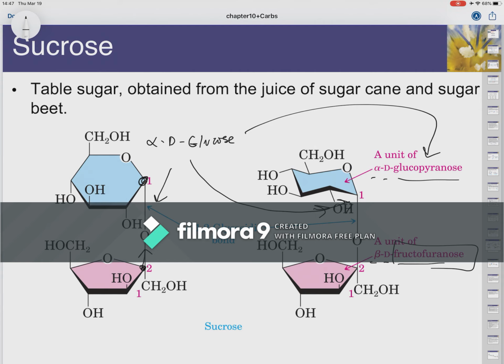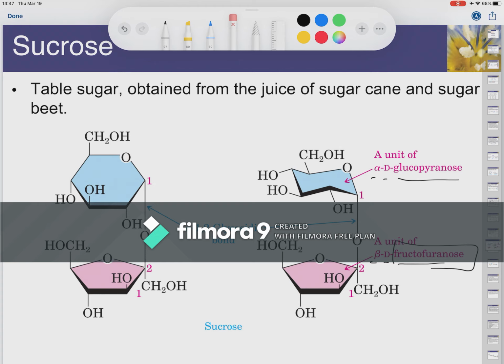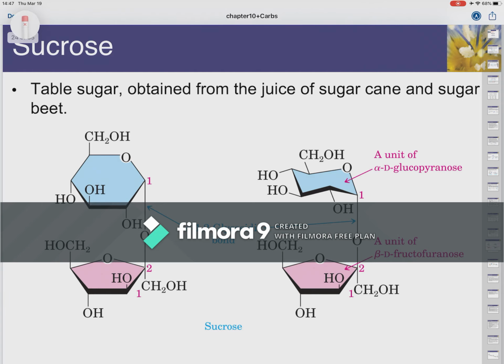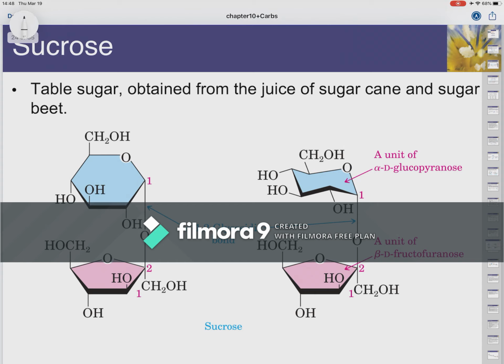You see that they are linked. Let me clean this up a little bit. They are linked through a glycosidic link. And in this case, it's an alpha, beta, 1, 2.